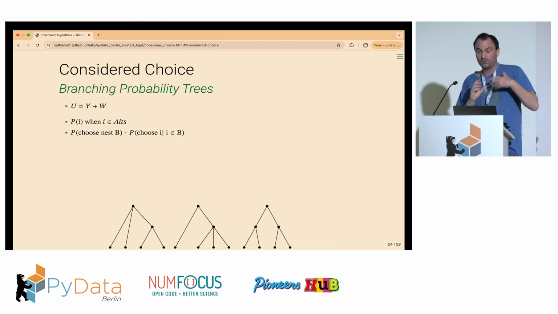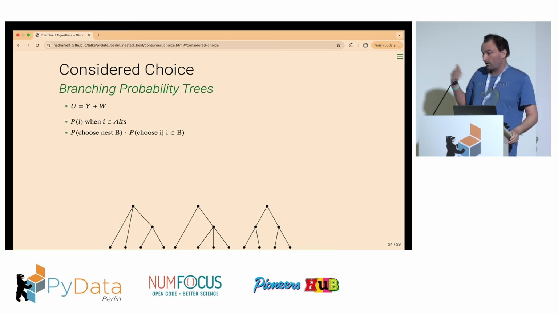They choose first that I'm going to buy a car rather than a boat. But then once they've decided to buy a car, they will look at the utilities that accrue to each individual car within that, so Toyota versus Vauxhall, etc. So it's a staggered, stepwise, conditional probability operation. We want to model first the probability that any given user is a car buyer. And then, once we know that they're a car buyer, the probability that they will choose a Toyota.